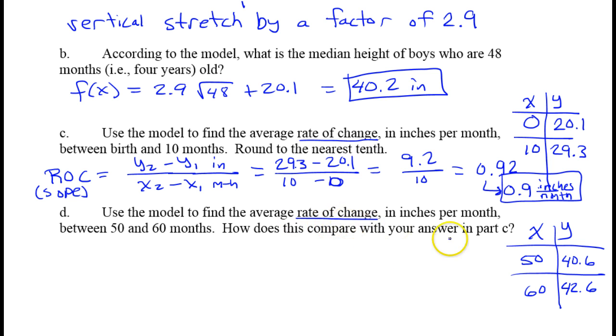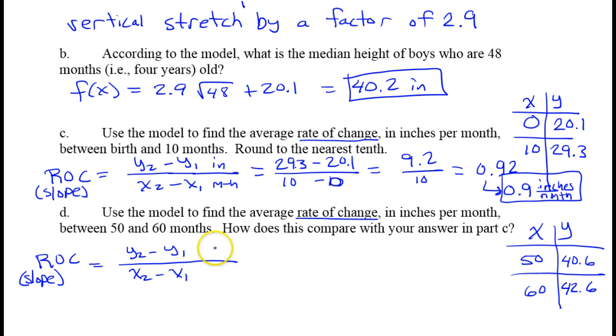The average rate of change is just going to be the slope. So ROC, rate of change, is just going to be the slope, and we know the slope is y2 minus y1 over x2 minus x1. We are talking inches per month.